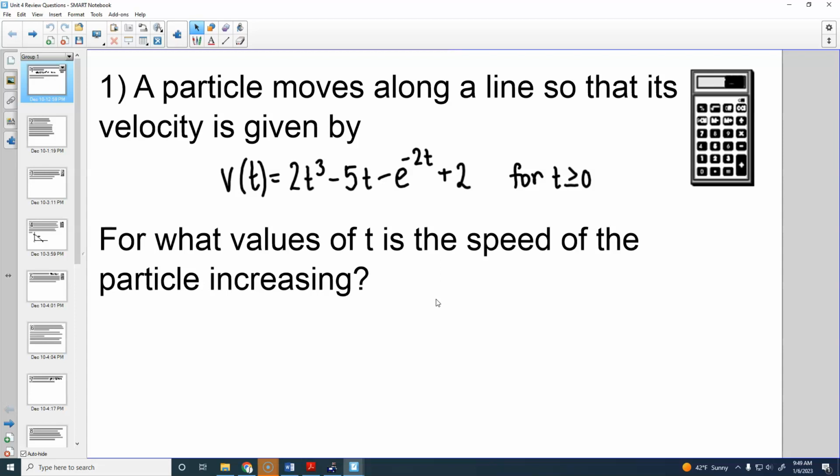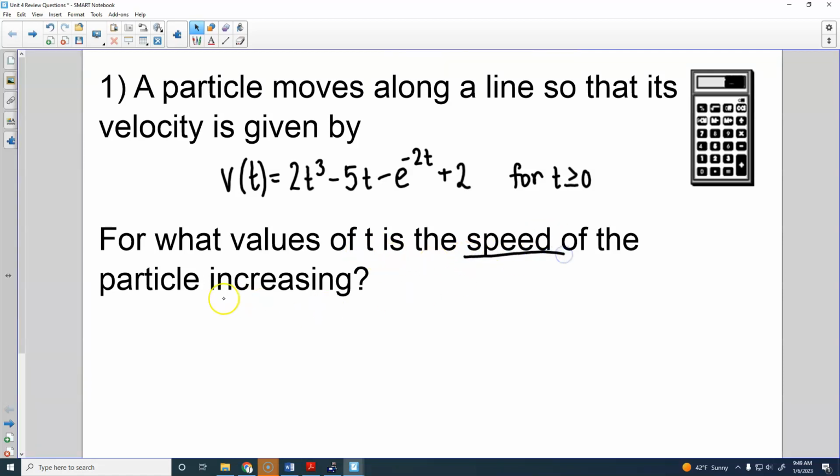Okay, look at number 1. This one's a calculator active problem. For what values of t is the speed of the particle increasing? Speed increasing. Okay, we did some speed increasing problems, but it's a little bit confusing.